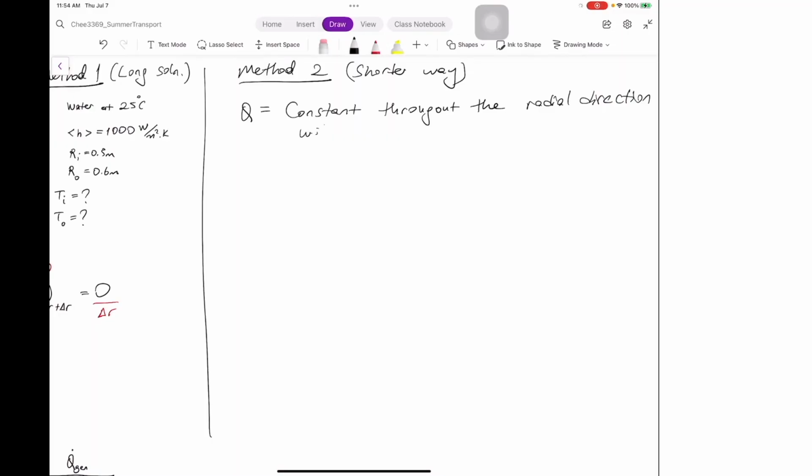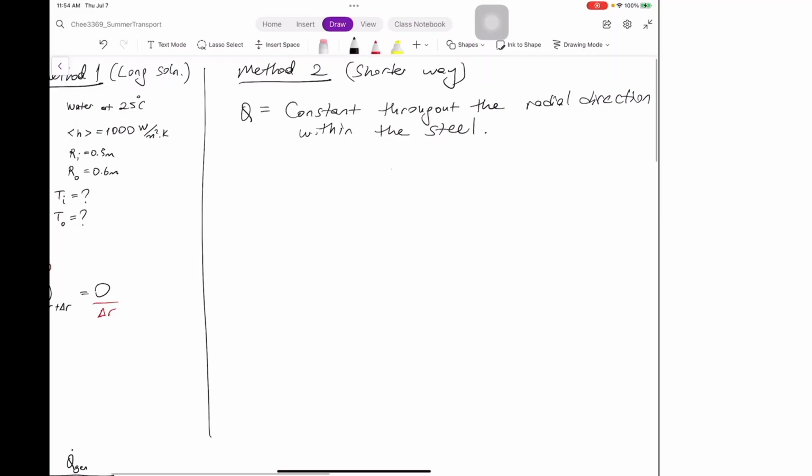within the steel, although the flux is not constant, the heat transfer rate is constant. It changes per unit area, but it doesn't change as a total, like joules per second.